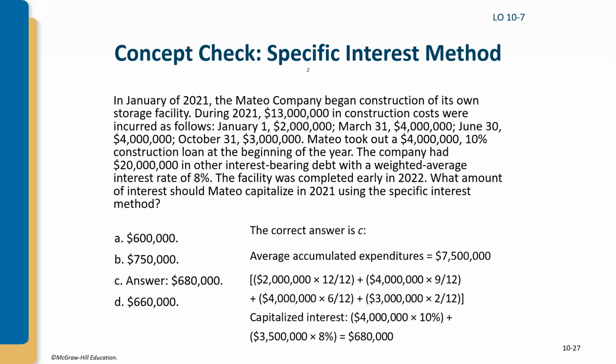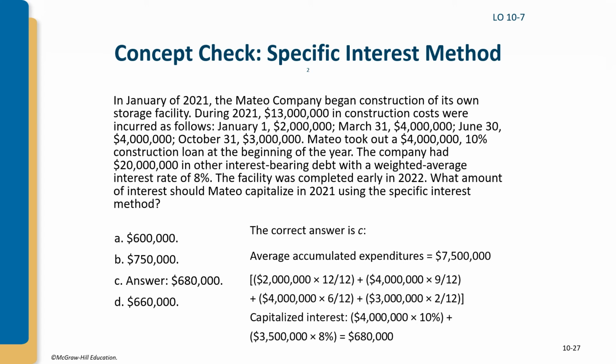First, the $2 million that was paid on January 1 would have been outstanding all year. So all $2 million should be part of our average accumulated expenditures. The $4 million paid in March should only be considered outstanding for 9/12 of the year, or $3 million.